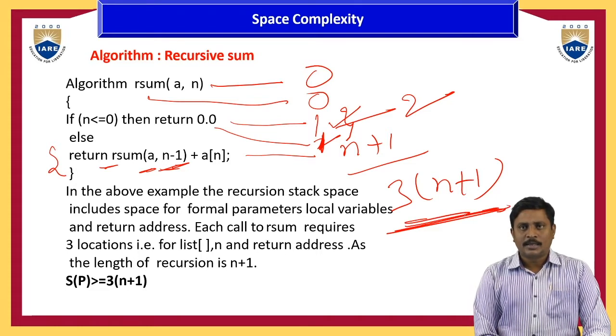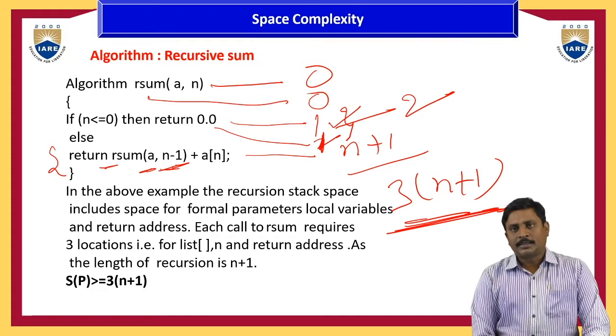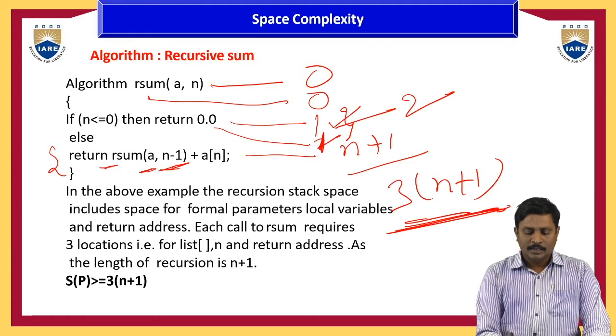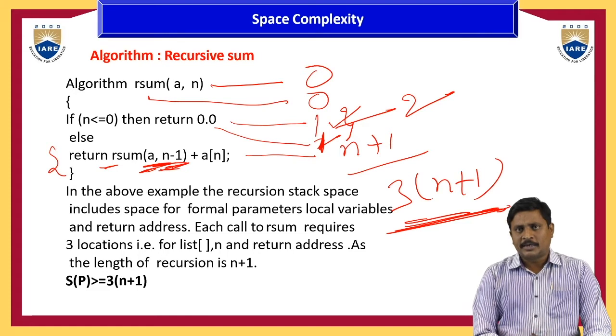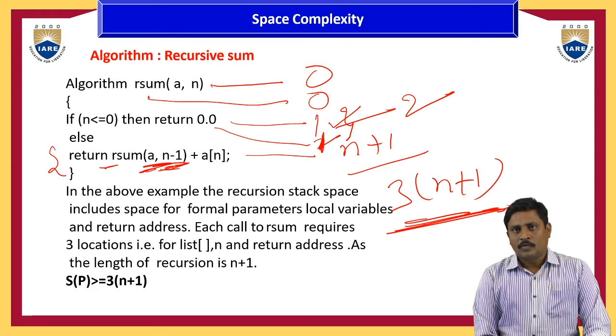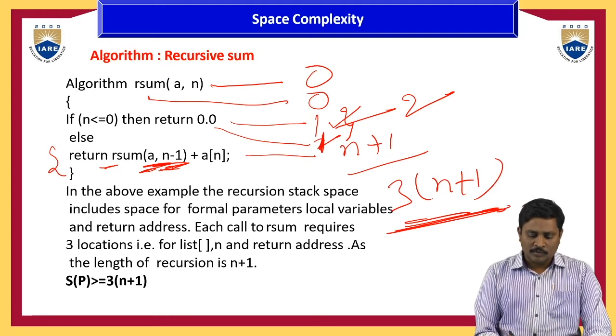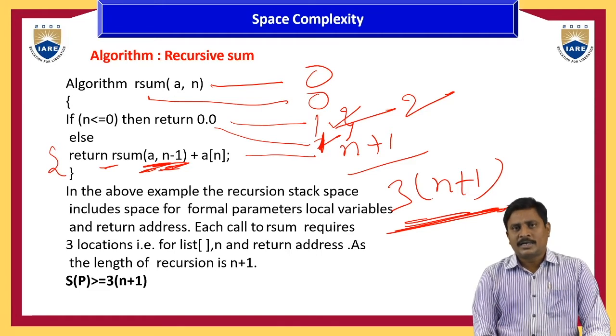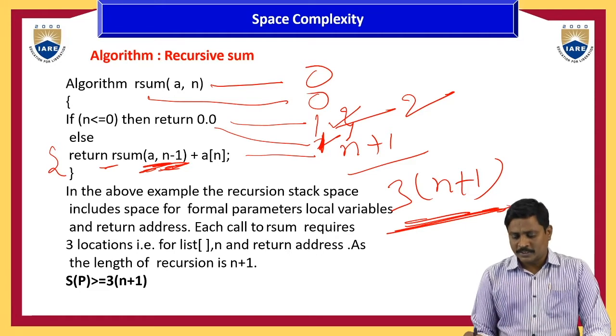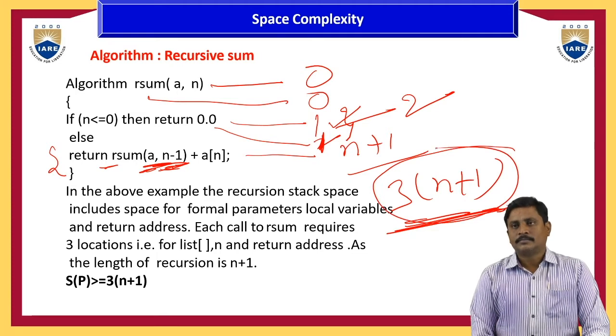Once again, listen. How do we get this 3 into n plus 1? This array consists of n elements, so for repeating this it takes n step counts, plus 1 step count for return. Here we have 3 elements: list, meaning array, n, and the return function. So 3 into n plus 1 step count it takes.